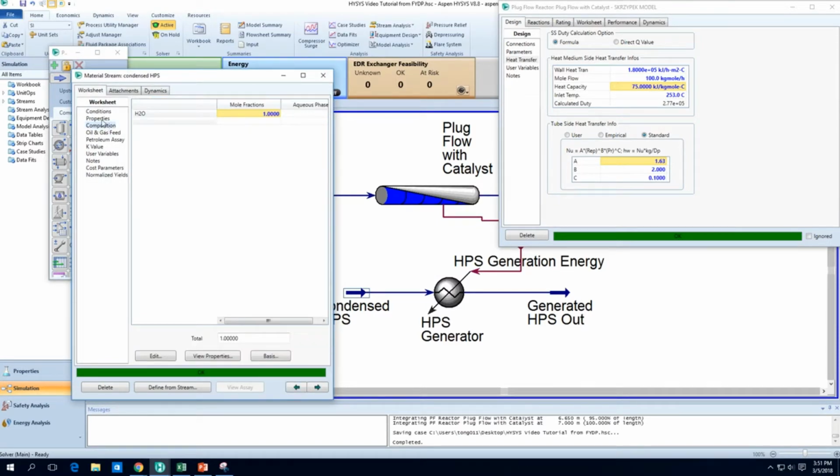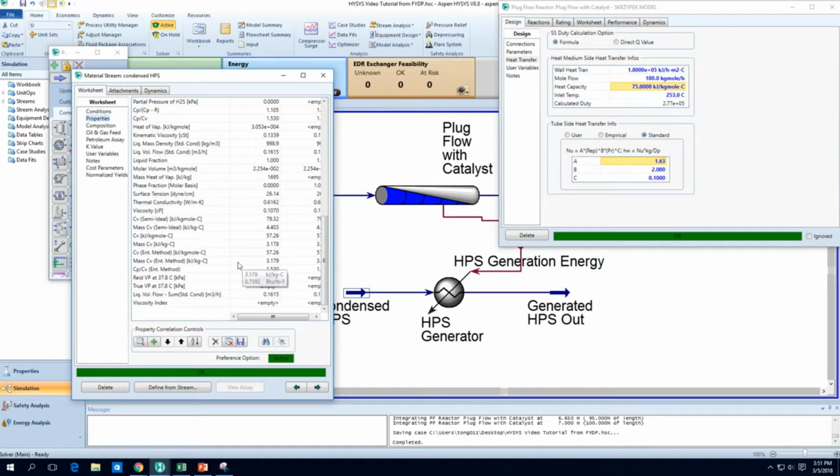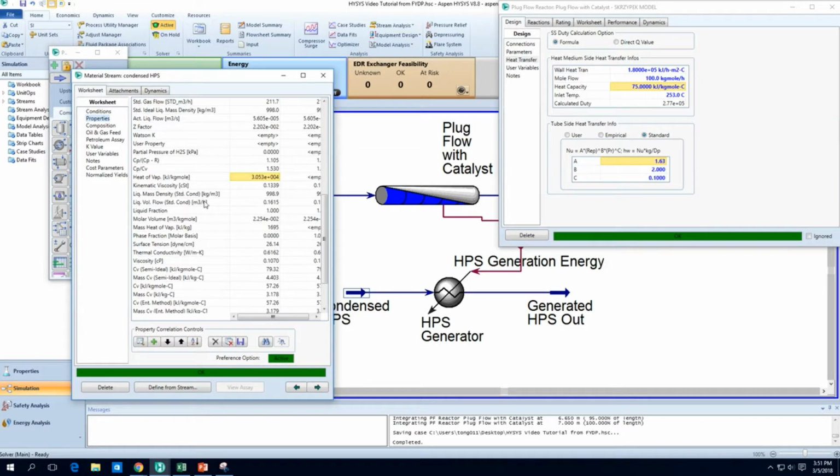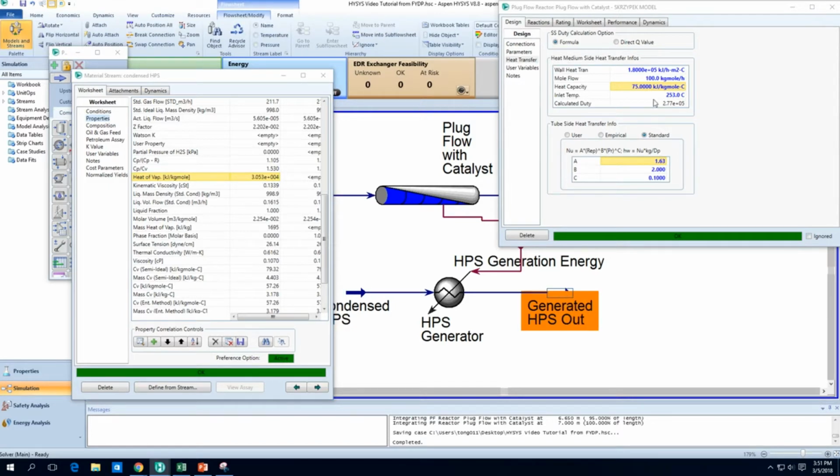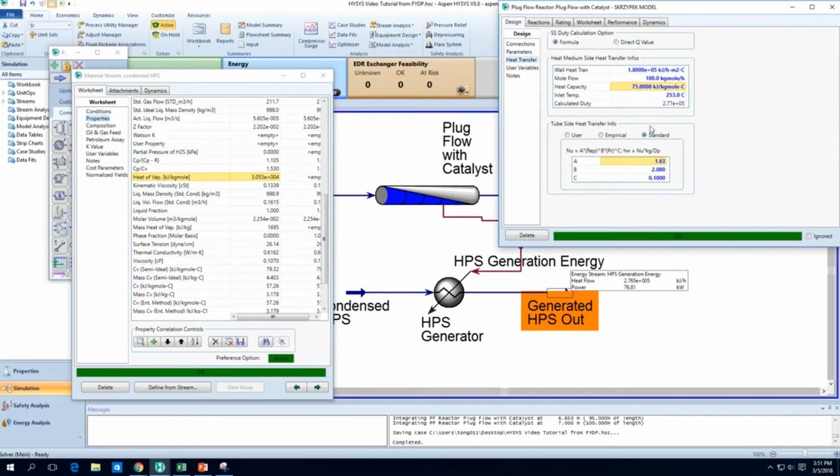What we actually need to look for is the heat of vaporization. It's in kJ per kg mole here. Can you see? So the heat of vaporization is 3.053 E4. So per kg mole, I will have 3.053 E4, the heat of vaporization. So I'm going to put that number in here, 3.053 E4.